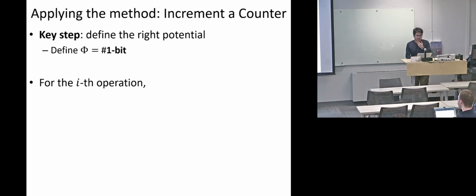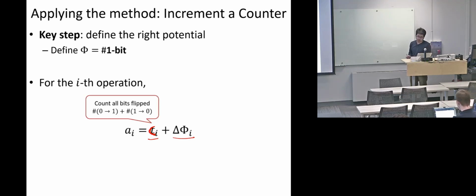Now let's try to analyze A_i. So A_i is C_i plus the potential change. Sorry, this is supposed to be C_i, the real cost. The real cost is just the total bit flips, so the total number of bits that flip from 0 to 1 and 1 to 0. What is the change in potential?